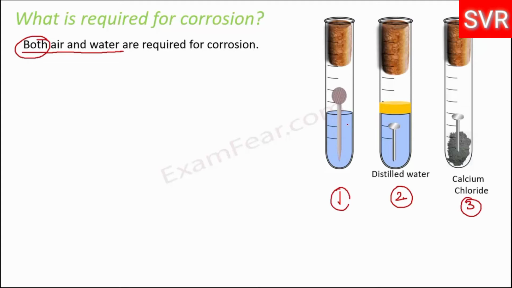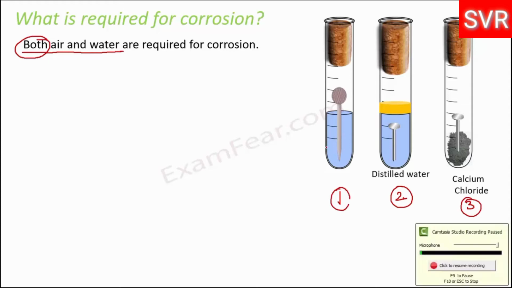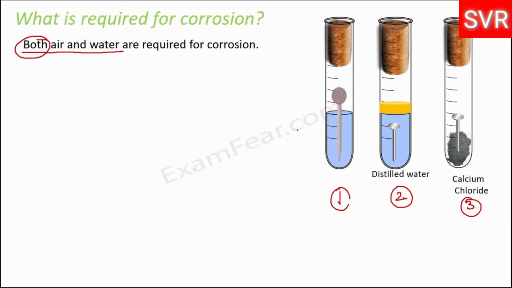Water is present here and it also has exposure to air. So what do we notice over a period of time? We notice that rusting takes place. Rust is formed.